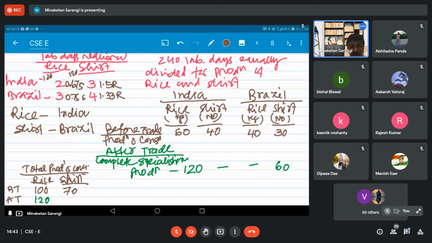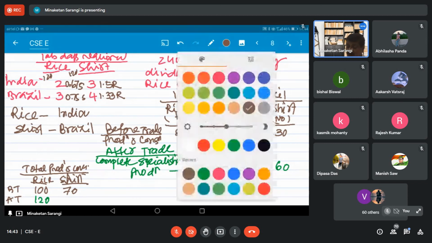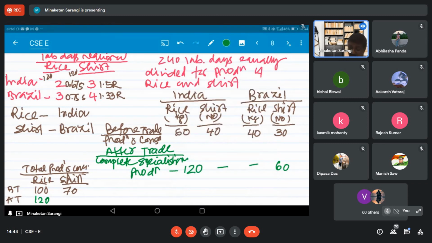Before trade, producing 70 sats, after trade, producing 60 sats. So here, production of rice is more, but production of sat is less. Since the production of sat is less than before trade, trade cannot take place on the basis of complete specialization.